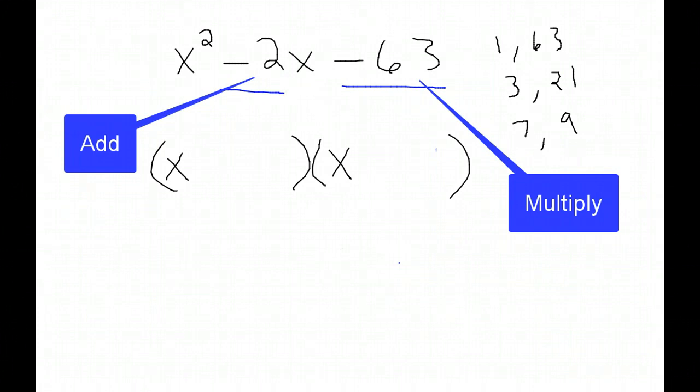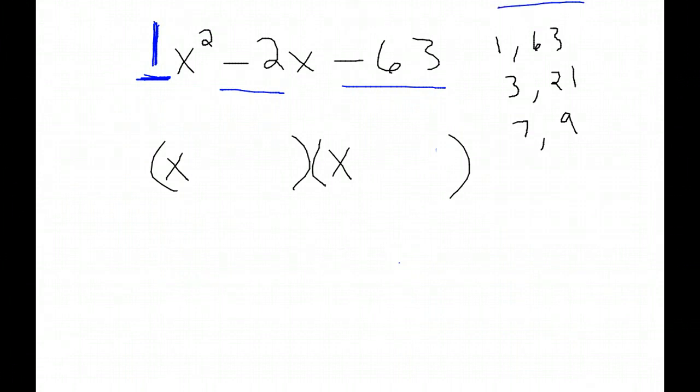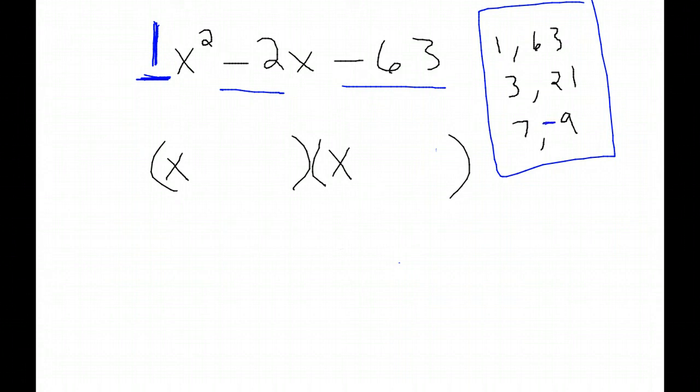Now this shortcut only works if there is no coefficient in front of the x squared, which means there's really a 1 even if it's not written. So if I look at my box of numbers here, the two numbers that could possibly multiply to give me 63 and add to give me 2 would be the 7 and the 9 if I make the 9 negative and the 7 positive. So I would put plus 7 minus 9, and that would be my answer.